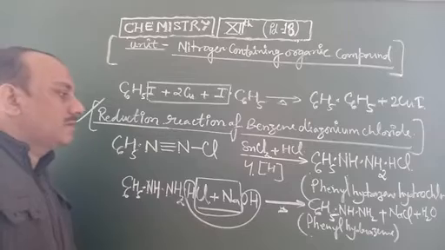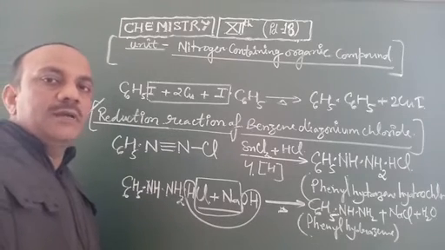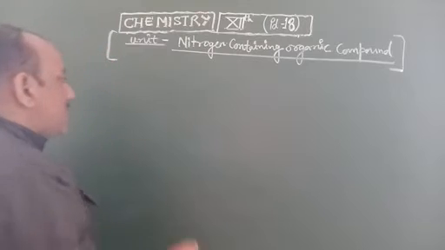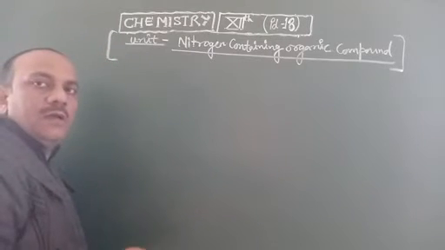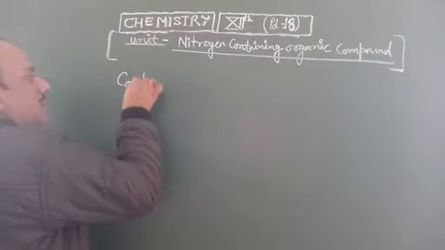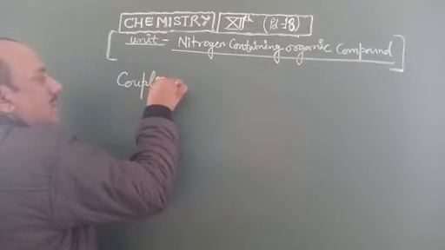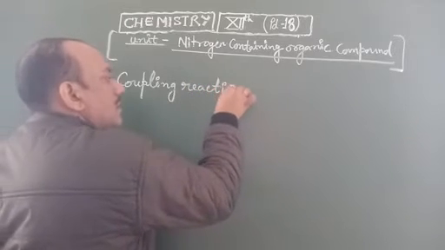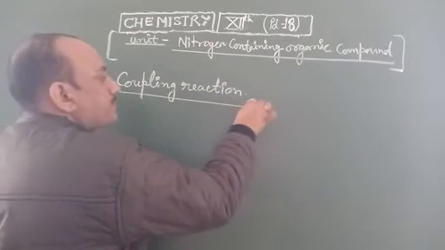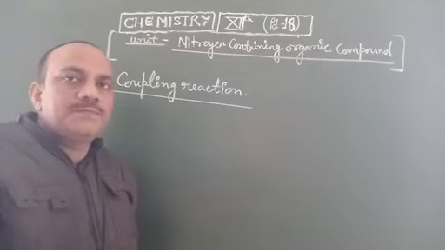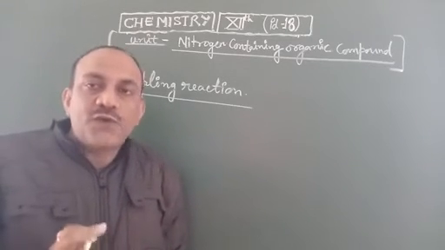Now the next chemical property. Now we take a most important reaction named the coupling reaction. In this reaction, benzene diazonium chloride reacts with phenol.